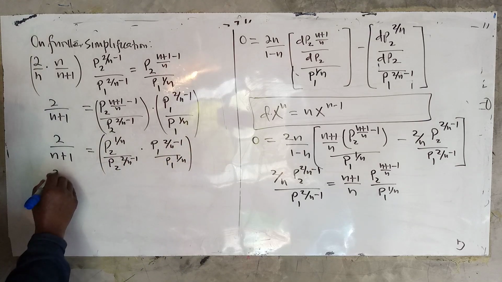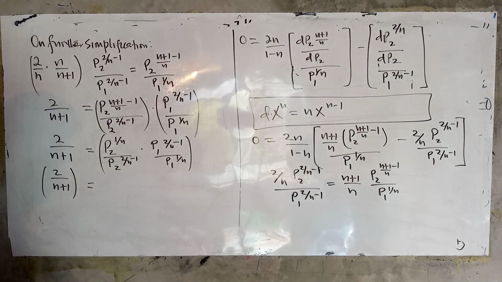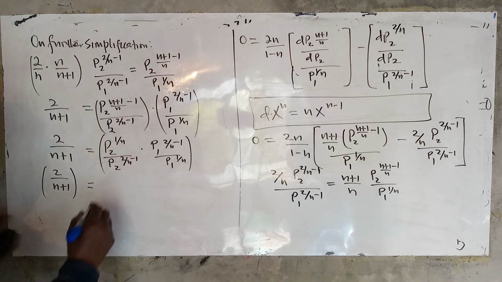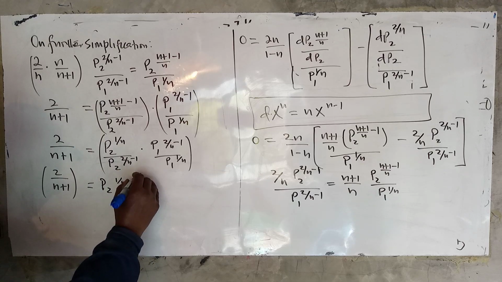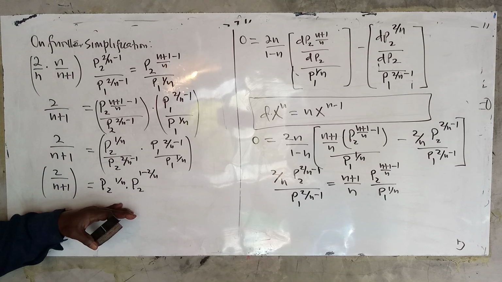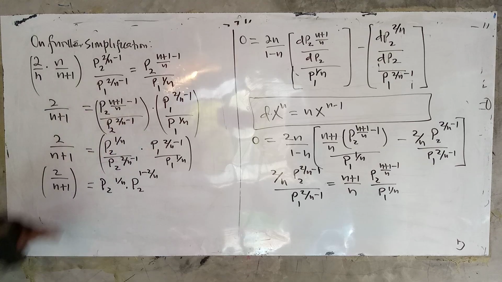So let's see how we can simplify these expressions further. If we take this up, remember, the sign changes. So we will have P2, 1 over n times P2, 1 minus 2 over n. We have changed the sign. We had indicated that x to the power n is 1 over x to the minus n.